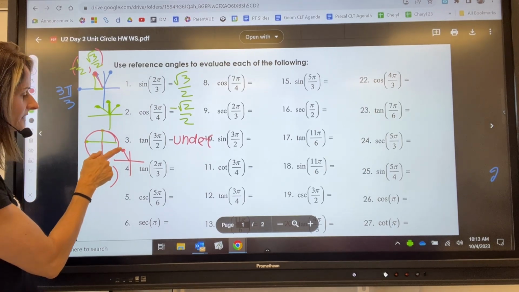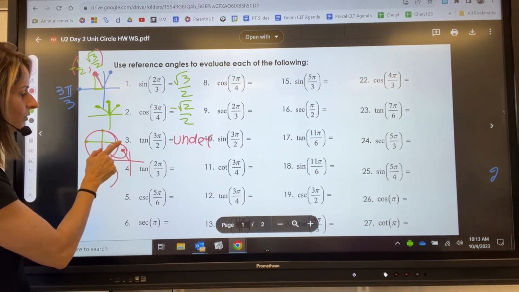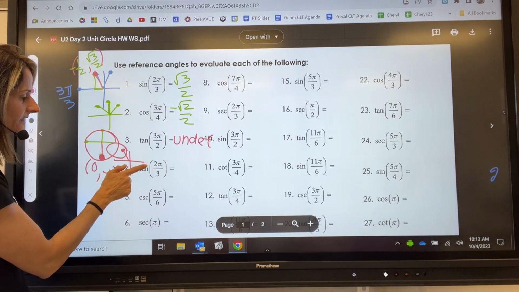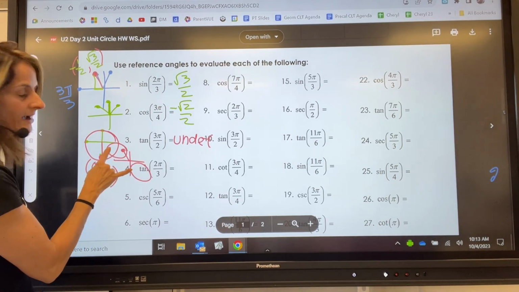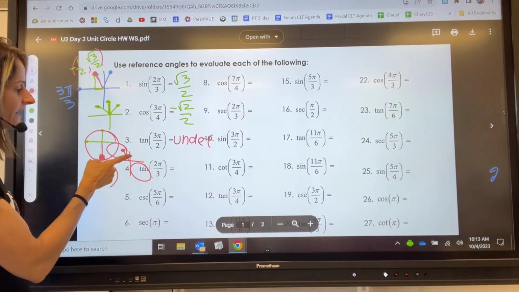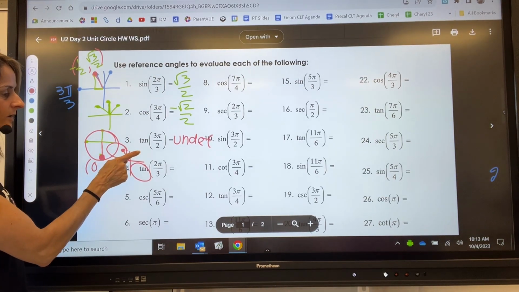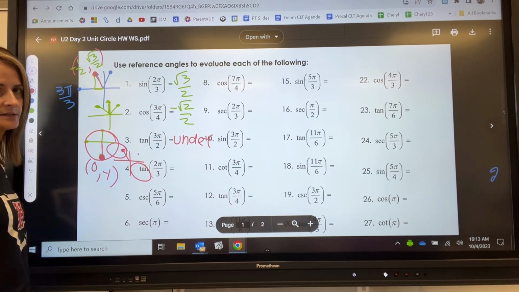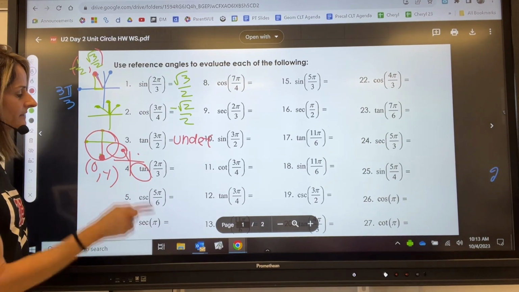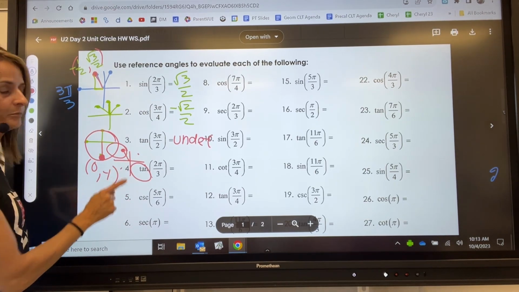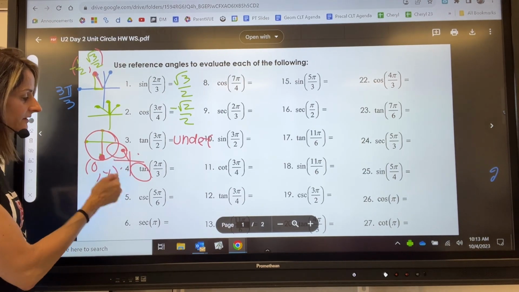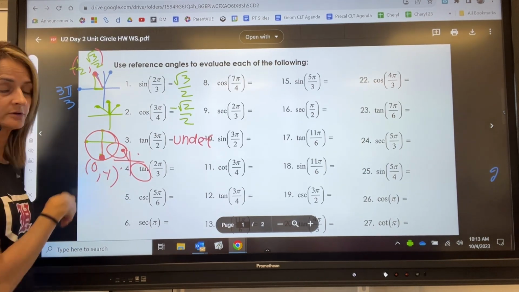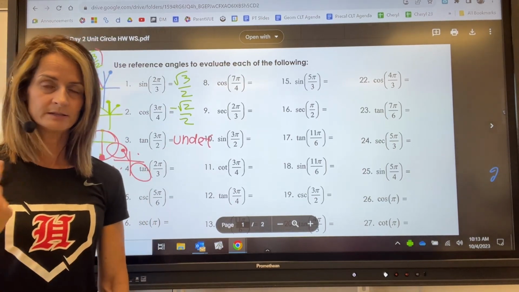So the tangent's actually going to be negative in the second quadrant. It's also going to be negative in the fourth quadrant, because that's where the signs for x and y are different. The signs for x and y are the same in the first quadrant. They're both positive. And the signs in the third quadrant are both negative. X and y are both negative. So a negative over a negative, anytime you have an angle in the third quadrant, the tangent's going to be positive because it's a negative over a negative.